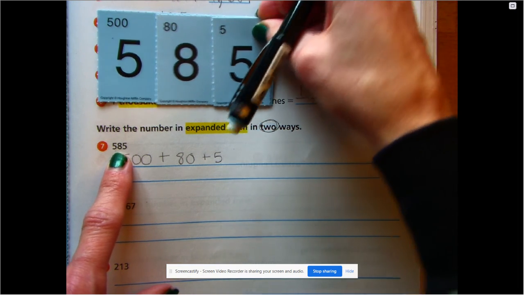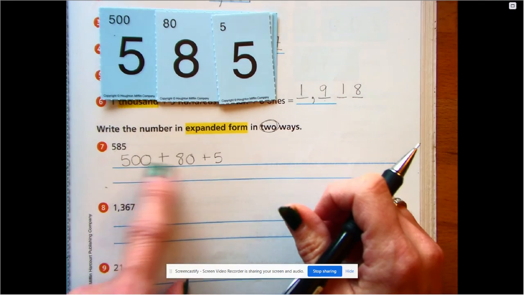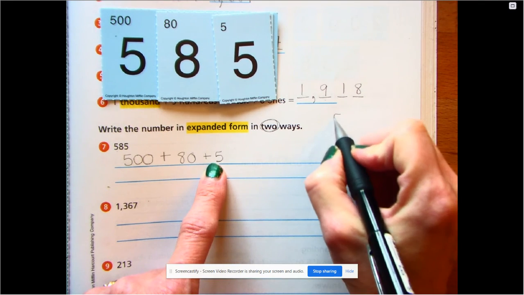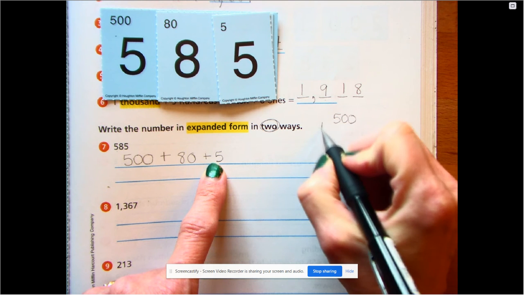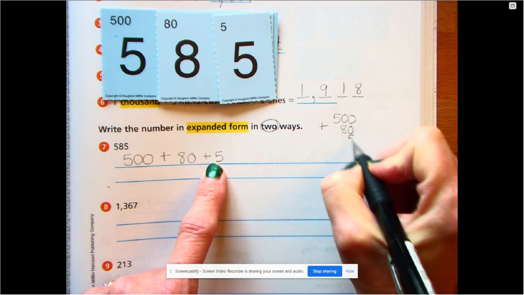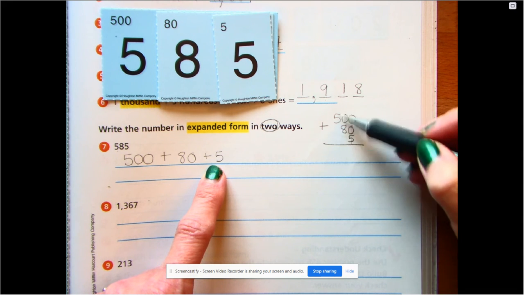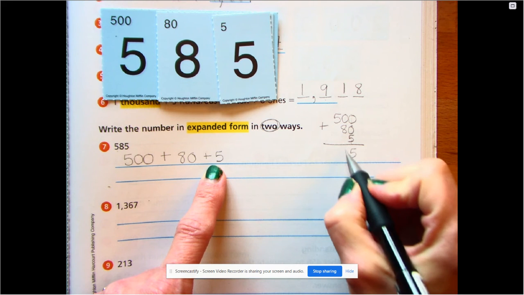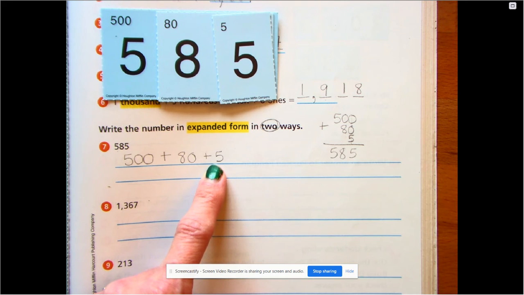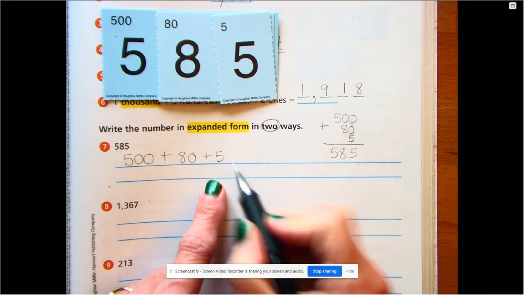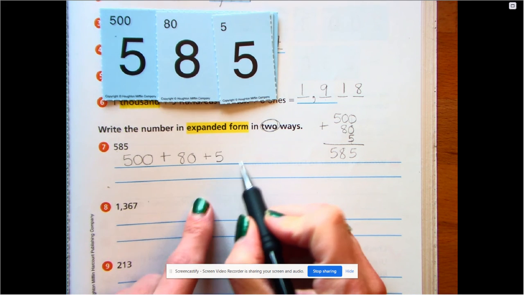Okay, that's 585. If I were to stack these up like a regular addition problem, remember we always talk about all the ones get stacked on top of each other, all the tens, all the hundreds. What would I have? 585. Okay, so this is stretching it out in expanded form one way.